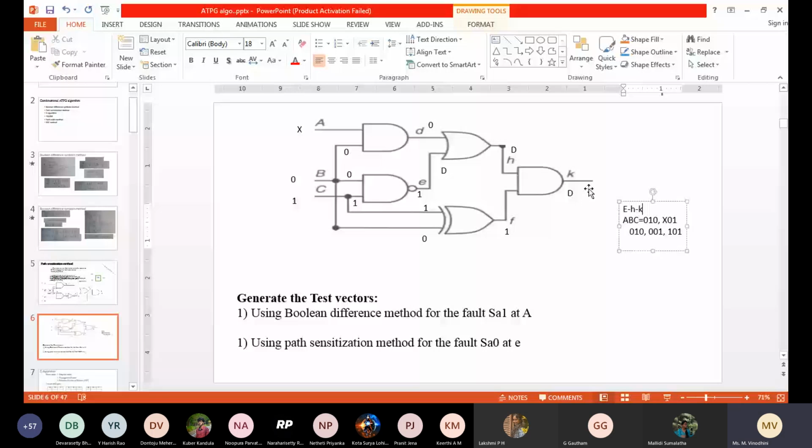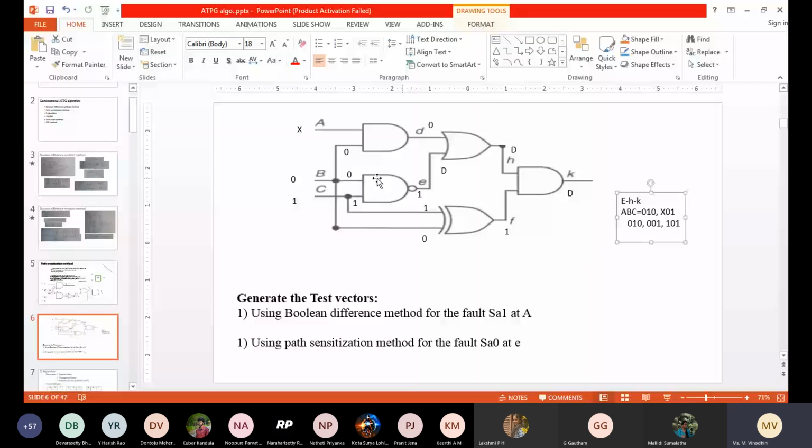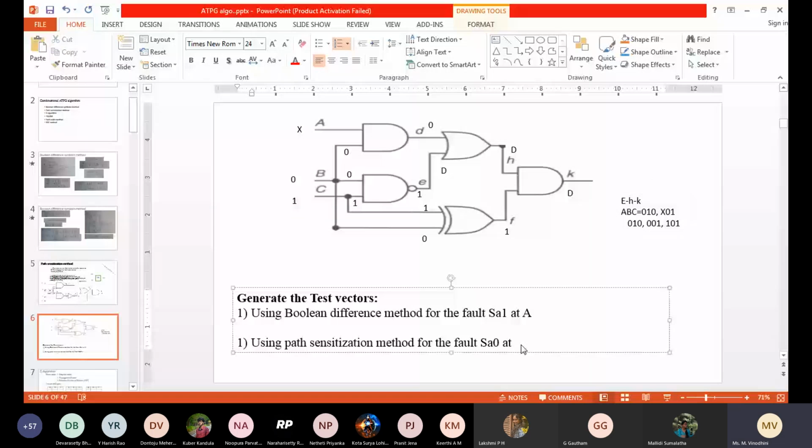Is it clear? So for tomorrow's homework, same circuit, using path sensitization method for the fault stuck at 0 at C here.